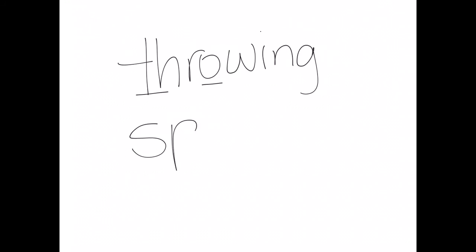What about the word spin? In the word spin, we can hear the short vowel, which means I need a double letter. Because if I just use one N here, that would make it sound like the long vowel, which would be spining, and we don't want that.